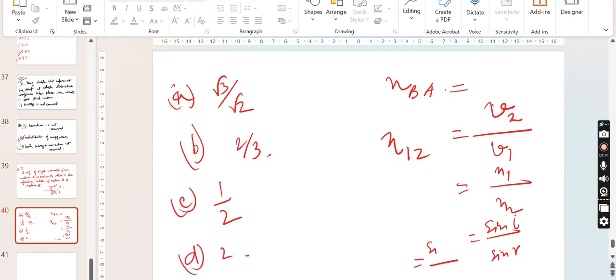So sine i is sine 60 degree and sine r is sine 45 degree. So that means root 3 by 2 divided by 1 by root 2. So that gives us root 3 by root 2. That is the answer.